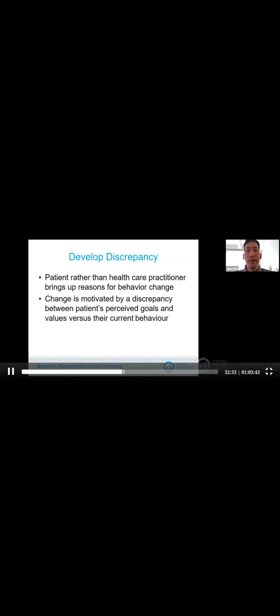So develop discrepancy. The patient, rather than the healthcare practitioner, brings up reasons for behavior change. So again, this is another key component. The patient is coming up with their own reasons why they need to change. The change is motivated by a discrepancy between the patient's perceived goals and values versus their current behavior.